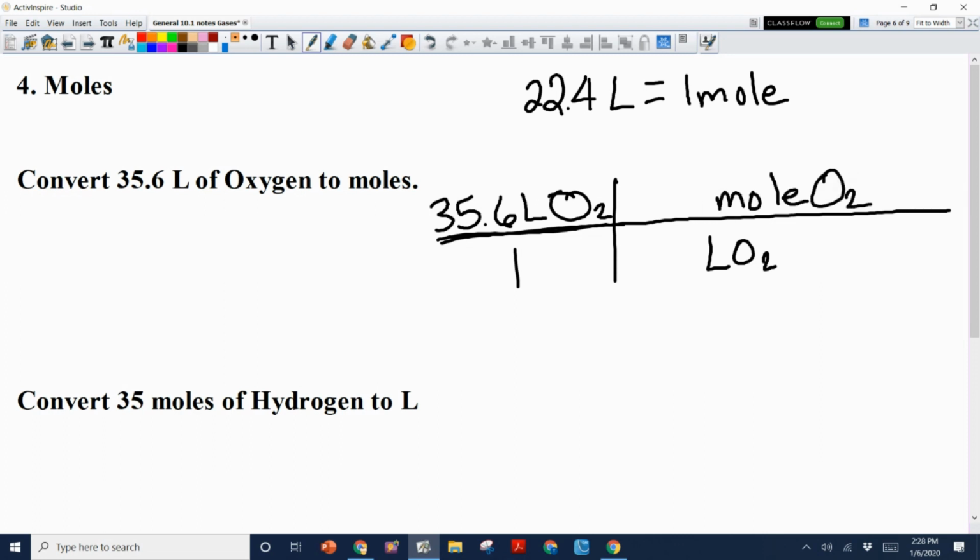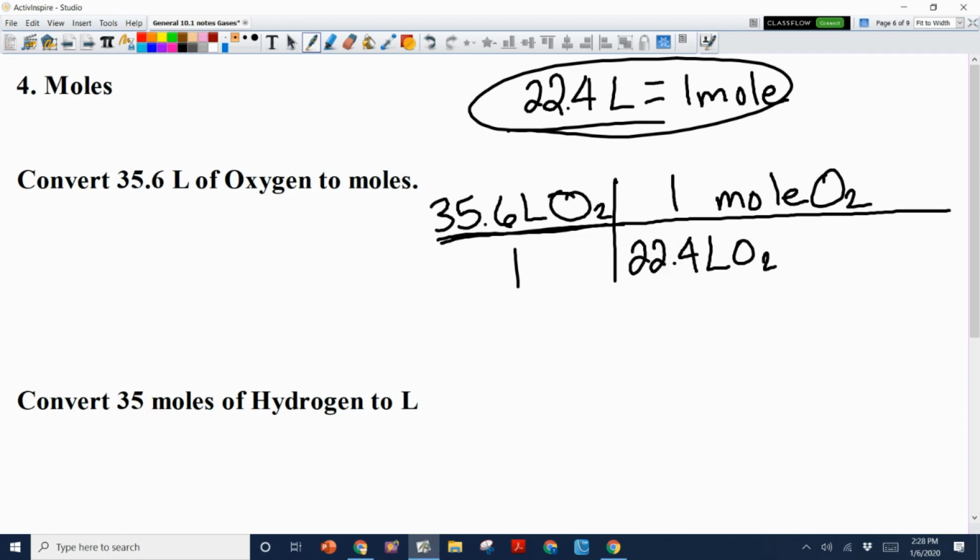Okay. And so we're going to use our conversion factor here. 22.4 liters of oxygen is 1 mole. So liters is going to cancel. 35.6 divided by 22.4 is going to get you your answer. So I'm just showing you how to set these up as a reminder and how to do dimensional analysis or conversions.